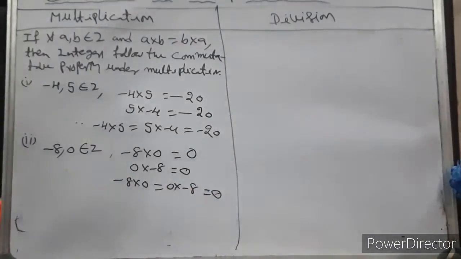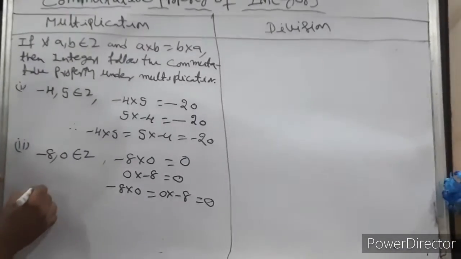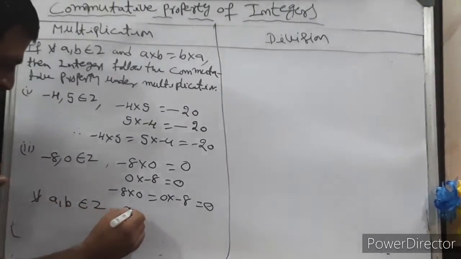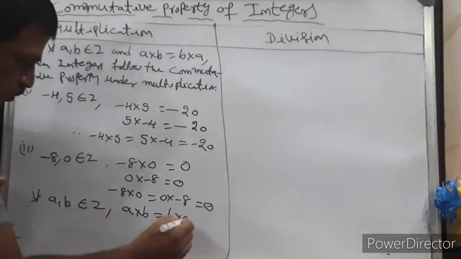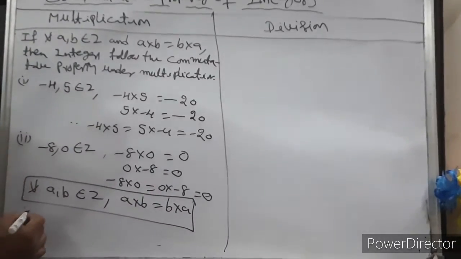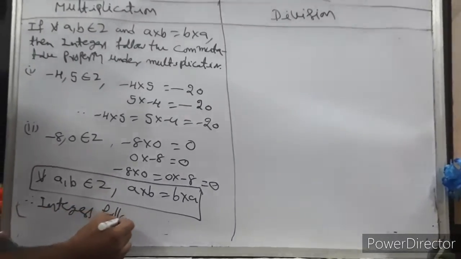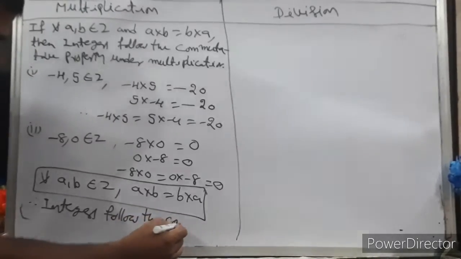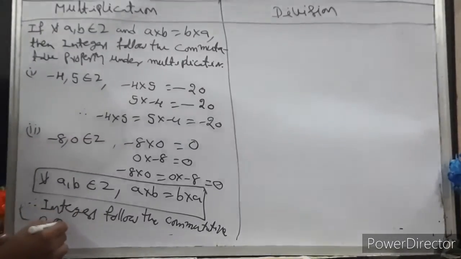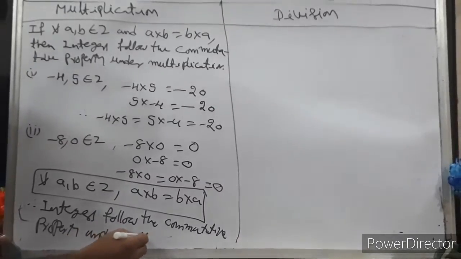That means for all A, B belonging to Z, A into B is equal to B into A. Therefore, integers follow the commutative property under multiplication.